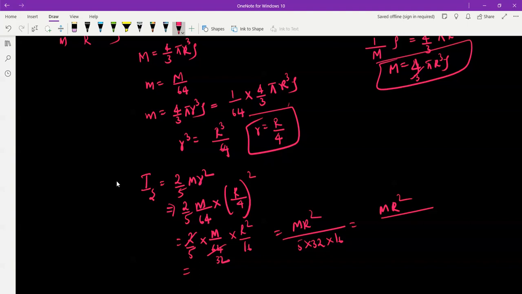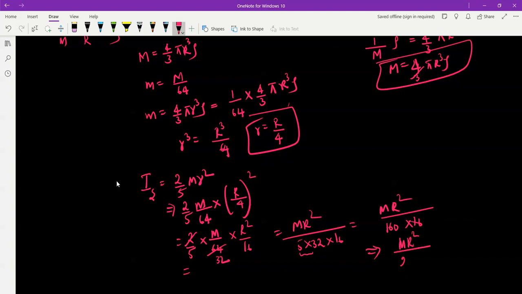5 into 32 is nothing but how much? 5 into 32 is nothing but 160, into 16. So 160 into 16, that is 2560.